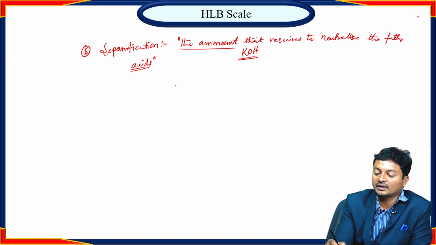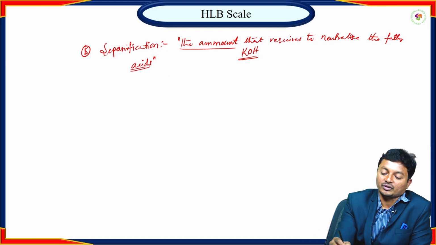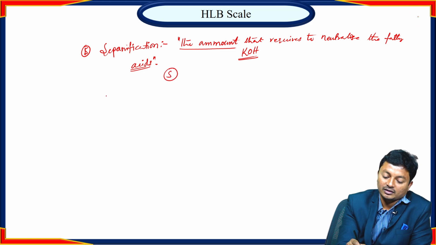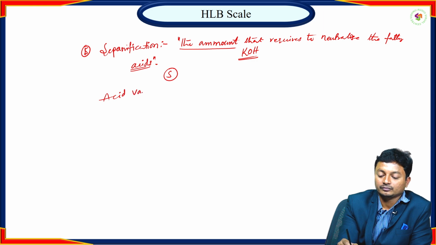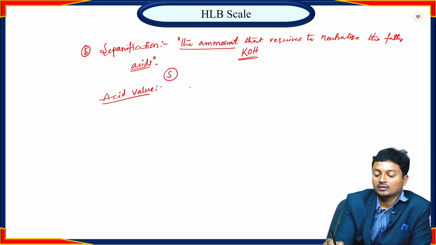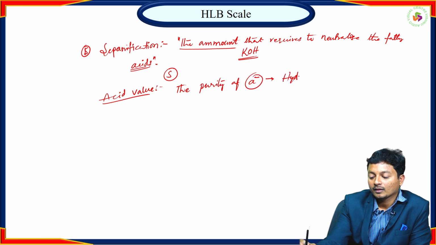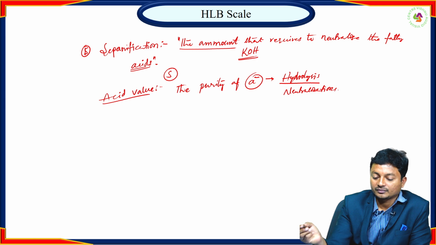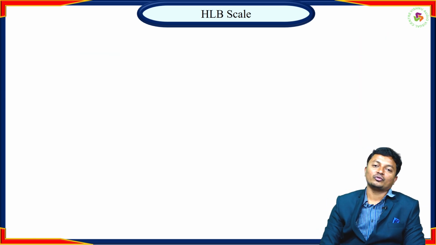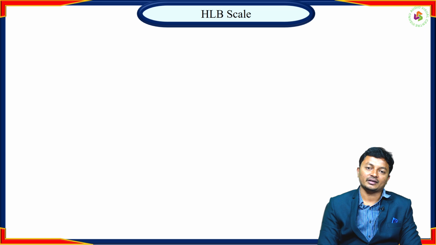In this, we can get the S value. And coming to the acid value, this indicates the purity of the acids which we used in the hydrolysis or neutralization process. Next, by the above two different methods, we determine the HLB value.